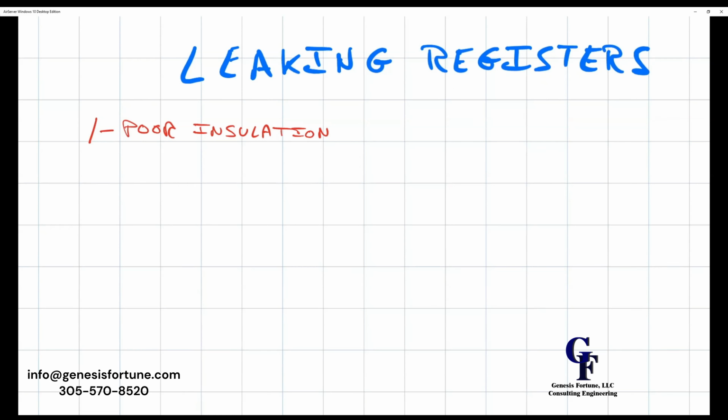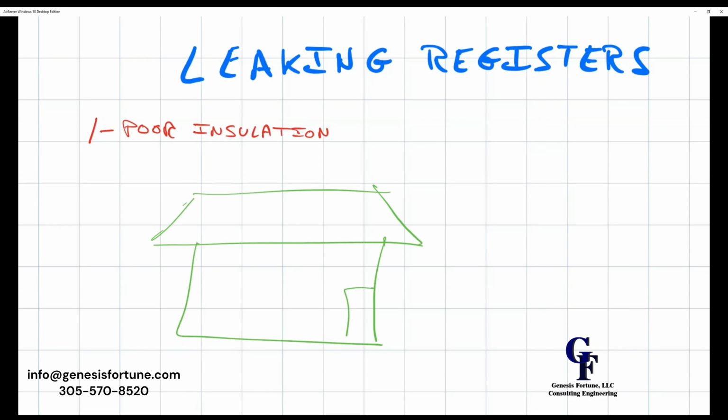So let's say, if this is your house, I'm gonna draw something like this, and you have the AC machine right here, and then there is a duct coming from the AC through the ceiling, and then going into different registers. The problem sometimes is that this duct right here is not very well insulated.